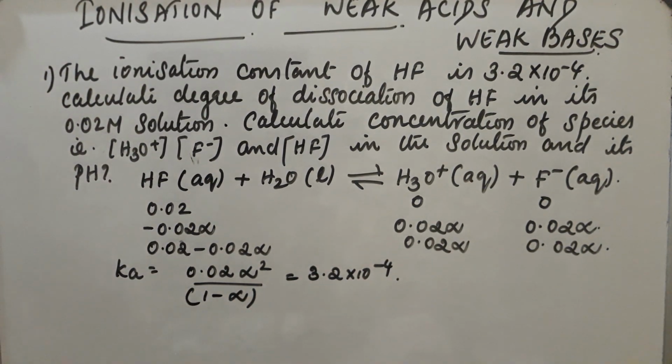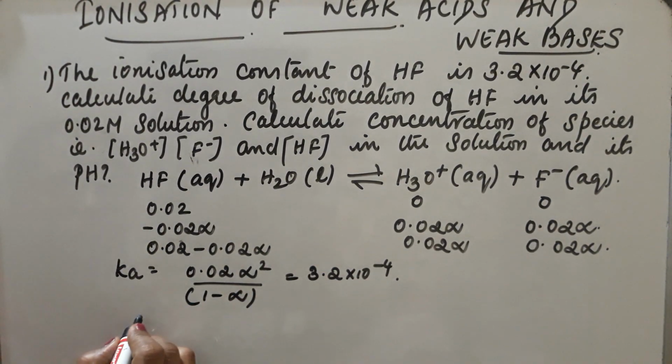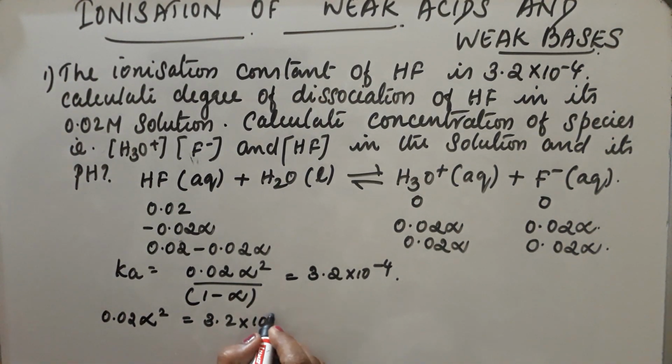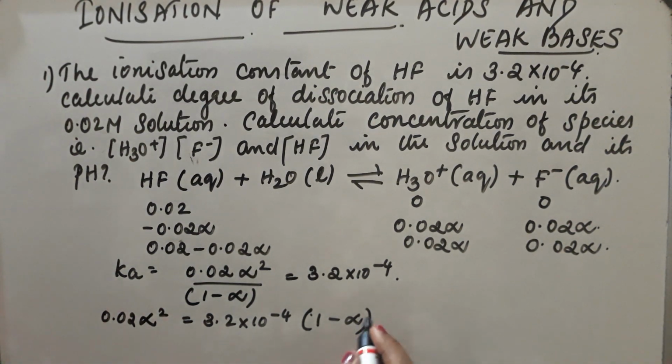Now we will get a quadratic equation based on alpha square. The quadratic equation will be 0.02 alpha square will be equal to 3.2 into 10 raised to minus 4 into 1 minus alpha. Okay, so we are dividing the whole equation by 0.02. Now we will get the equation like this.